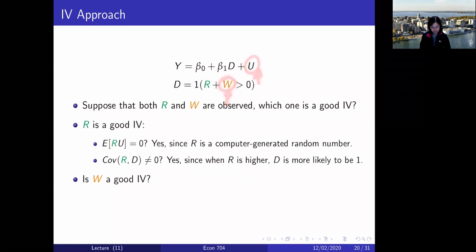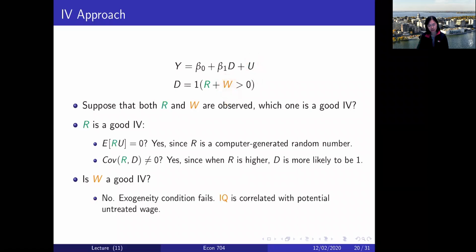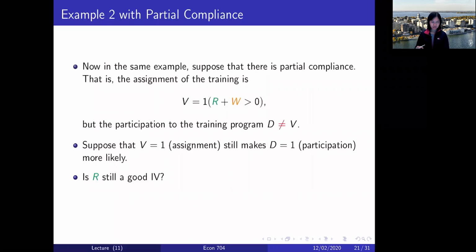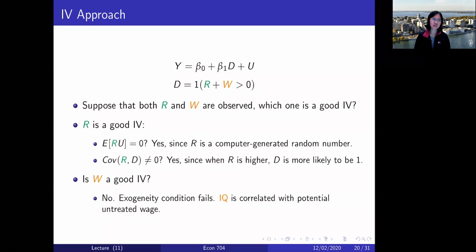Okay, so W is not a good IV because the exogeneity condition fails for W. So in this example, you can use R as the instrumental variable to do a two-stage least squares regression, or ivregress in Stata, to consistently estimate beta 1. Okay, so what you would do is ivregress Y D equals R.